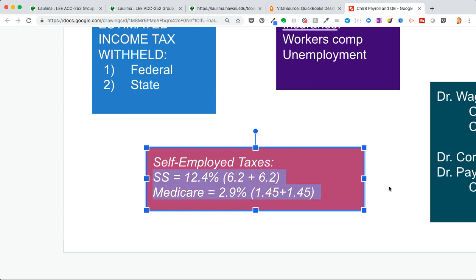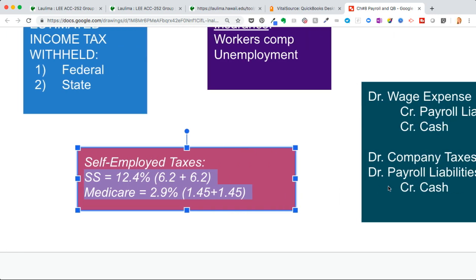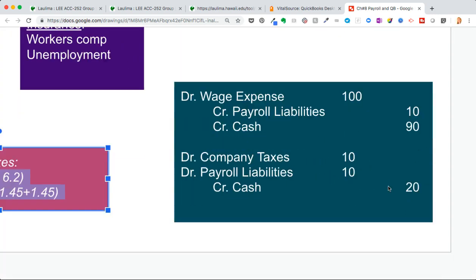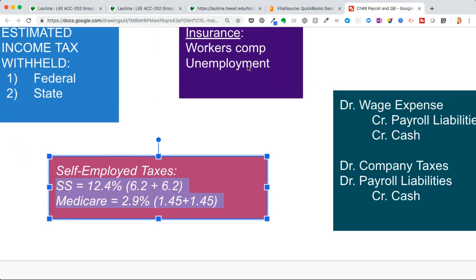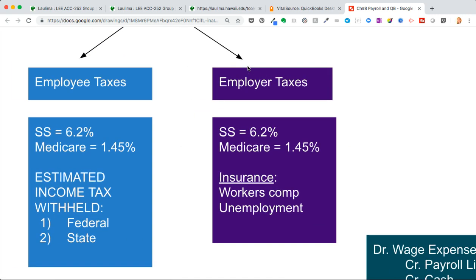And so that's where those self-employment taxes come from. I just wanted to point that out. And then we'll look at the journal entries next as we go into QuickBooks. But definitely try to take a look at a pay stub, and make sure you understand everything on there. If you don't understand any of the numbers, or you want to ask about any of the numbers, do that in your group.